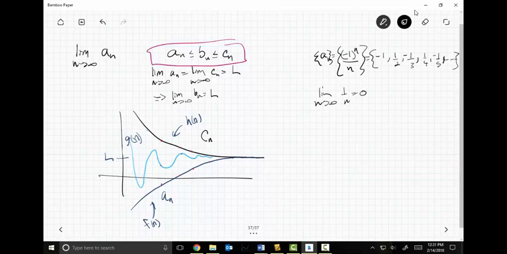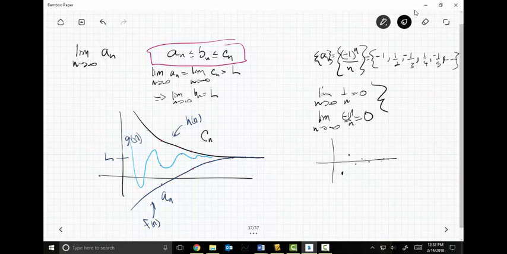Now, if I were to graph it and just cherry pick these points, I'd start at -1, I'd go to +1/2, I'd go to -1/3, I'd go to +1/4, etc., right? What I'm doing is getting closer and closer to 0. True? So (-1)^n over n should clearly be 0 as well. It's got no choice.